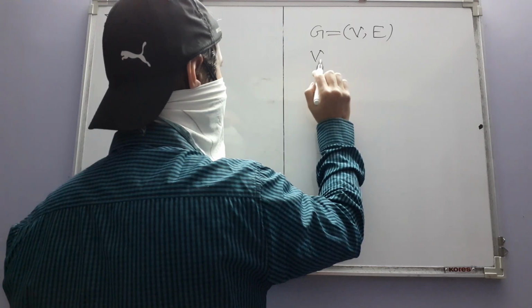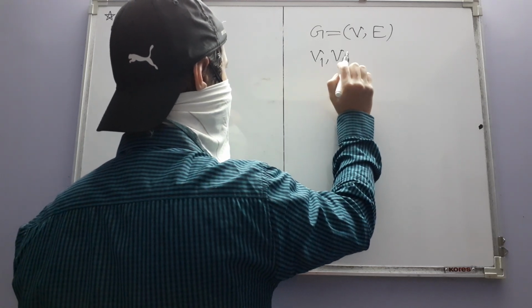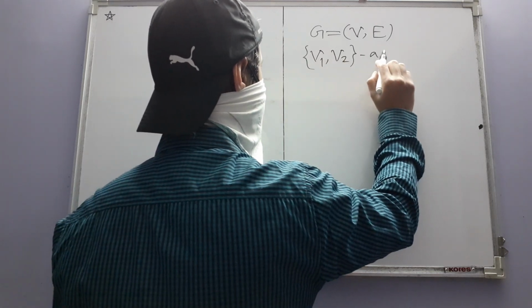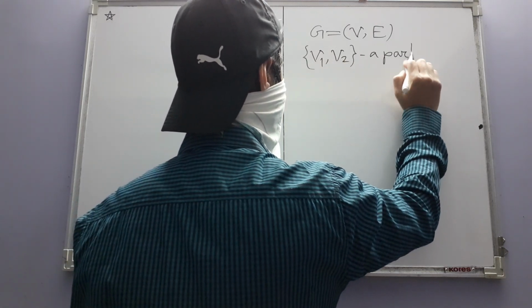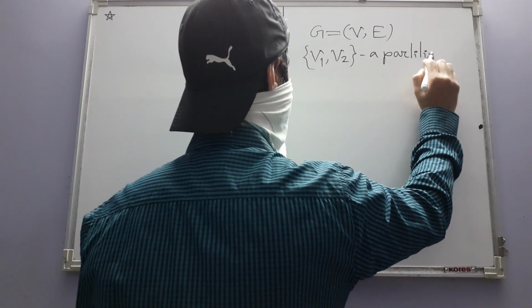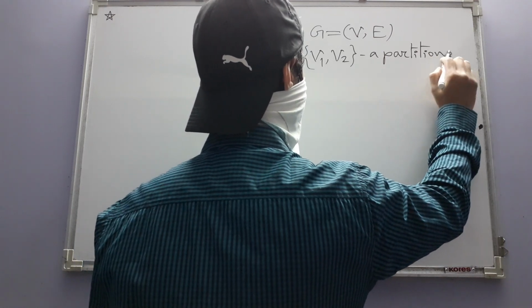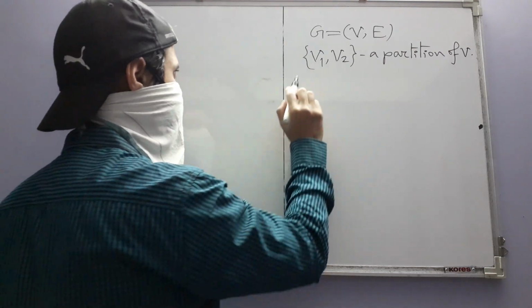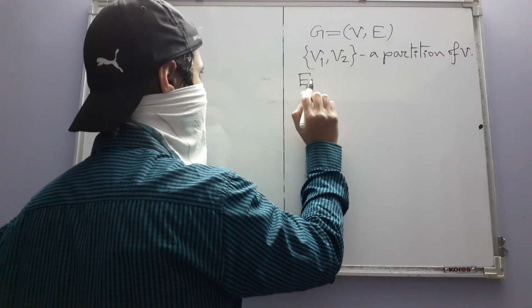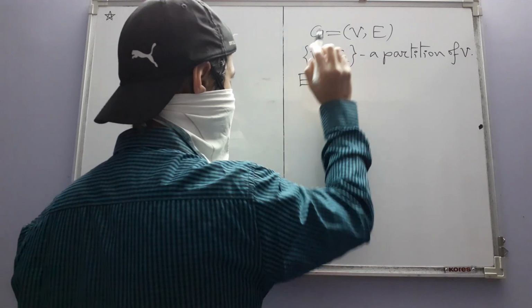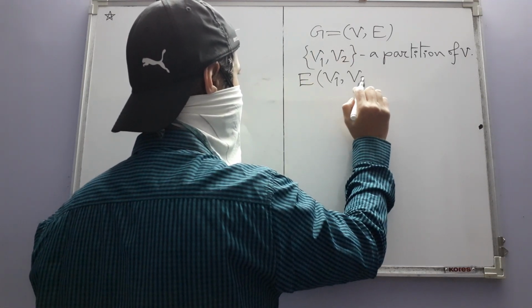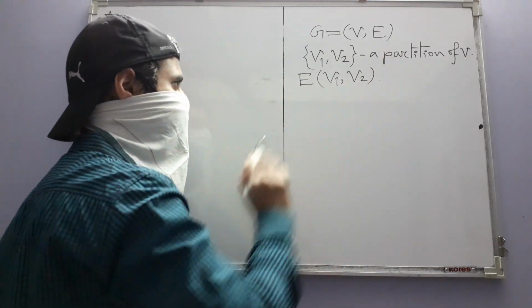Then you consider a partition of the vertex set V. Then what you do, you consider the set of all edges in G between V1 and V2.